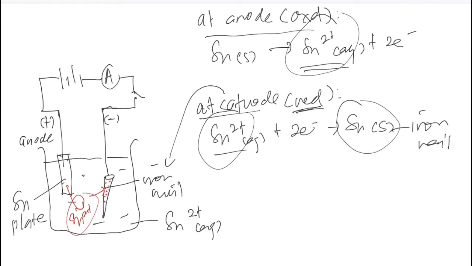To give you some additional information about electroplating: the object that needs to be electroplated has to be consistently rotated. Kita kena selalu putarkan, pusingkan iron nail ni sebab baru dia punya electroplating tu nampak cantik, seragam pada seluruh permukaan paku besi itulah. Okay, one thing. The second thing is we have to use consistent current.